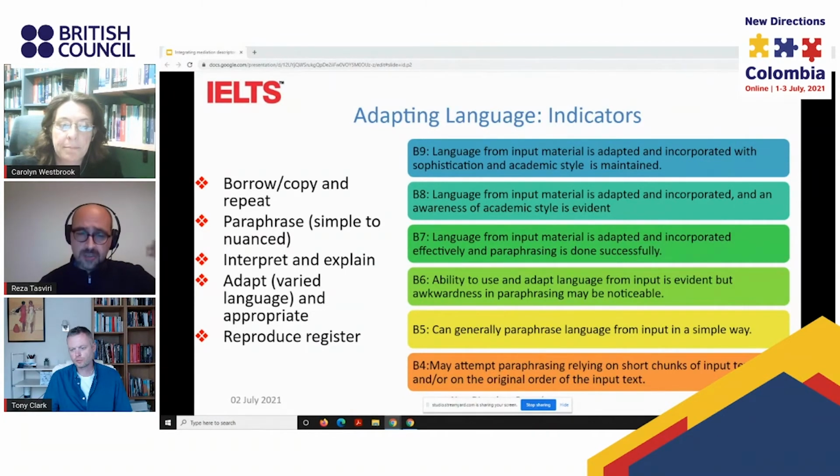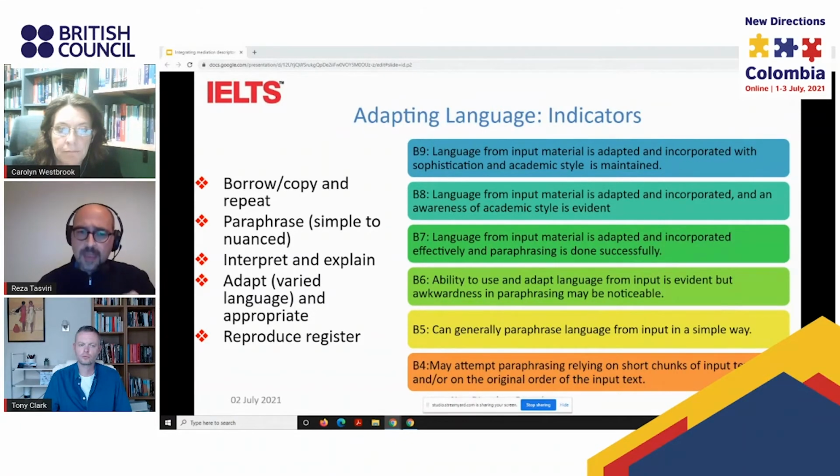These are the main key indicators of adapting language: simply borrowing or copying and repeating at the lower end of the scales, paraphrasing in the mid to higher bands of the scales, interpreting and explaining, and then adapting varied language from the input material and appropriating it, taking ownership of the language, and also reproducing register. And the colored scheme shows you examples of the exact wording and the scaling of these indicators in the band descriptors.